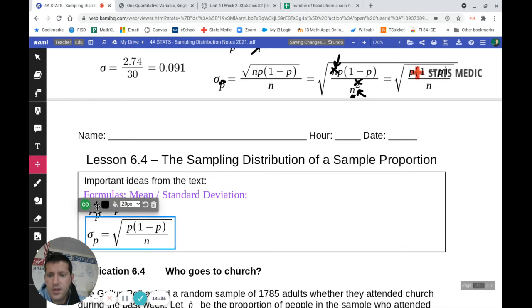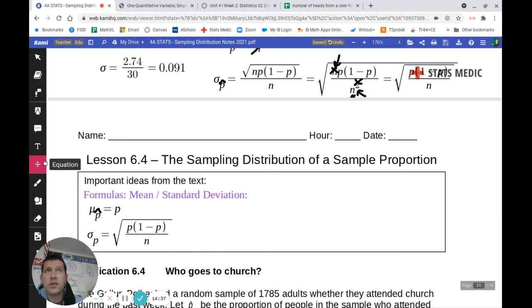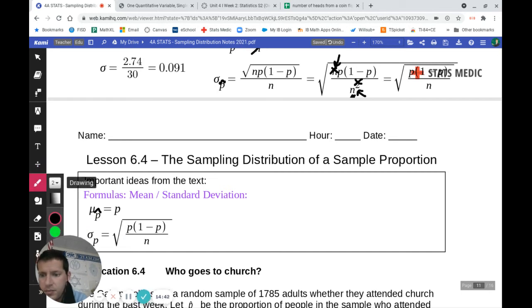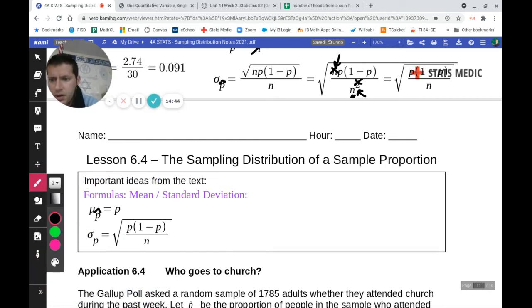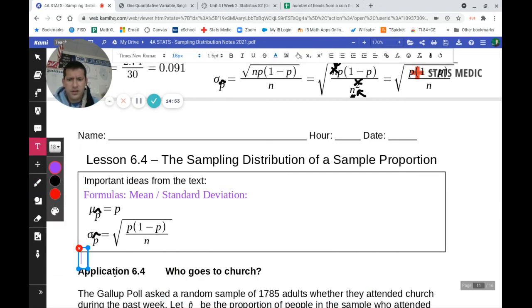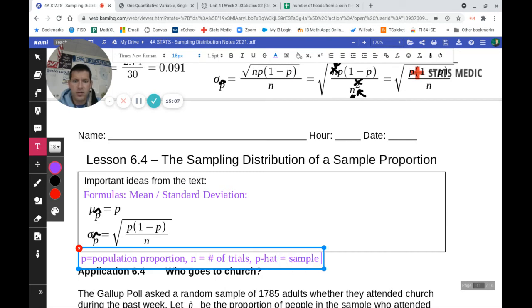And again, we want to make sure our p is a p hat for our sample proportion. So we can jot down some little things here. p is our population proportion, n is our number of trials, and p hat is going to be our sample proportion.